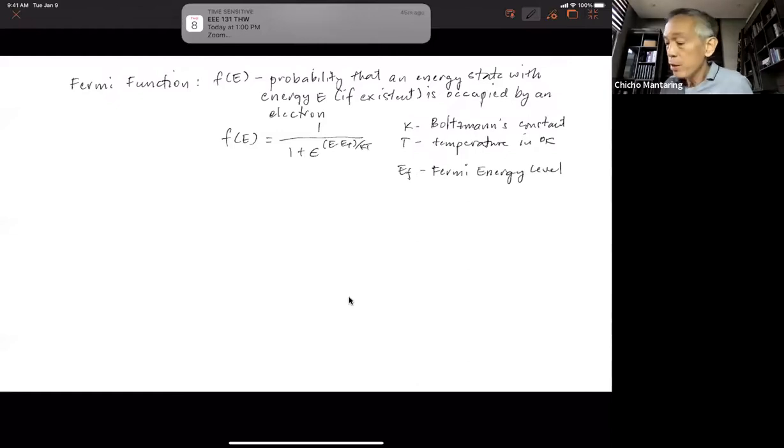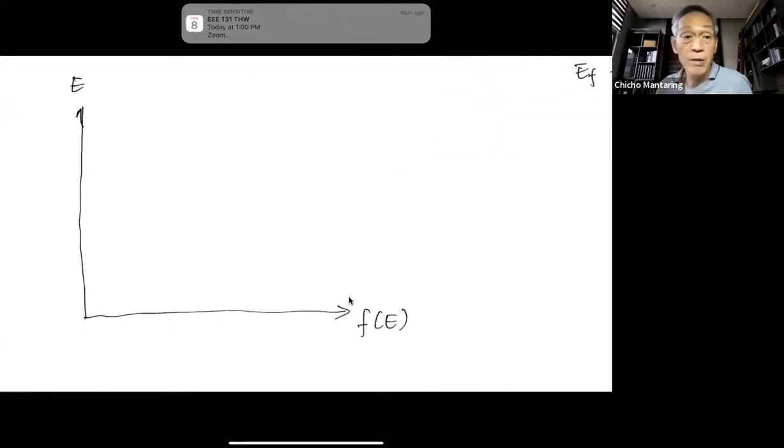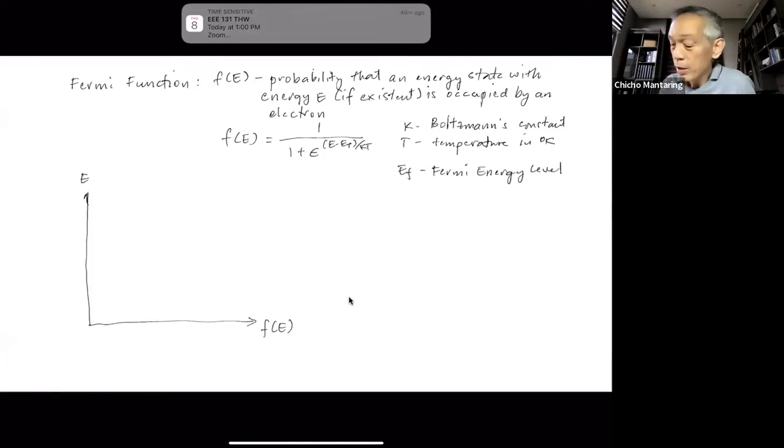Okay, let me plot the Fermi function. Here, I'm going to show the energy E, and here I'm going to show f of E. This is a probability, f of E, and here, this is the energy level E. I'm going to show also here Ec and Ev.